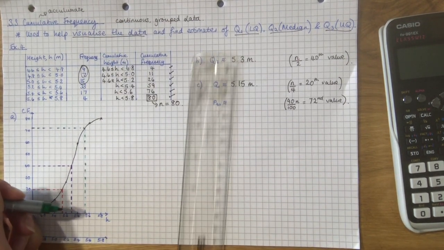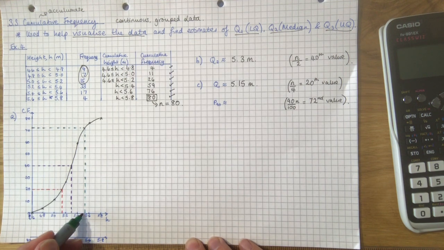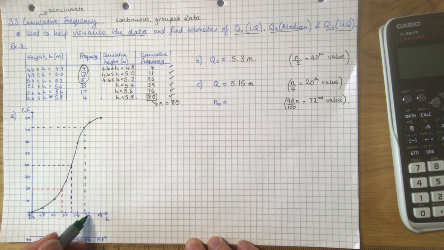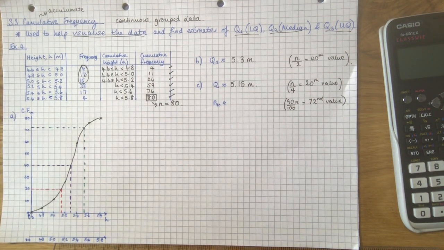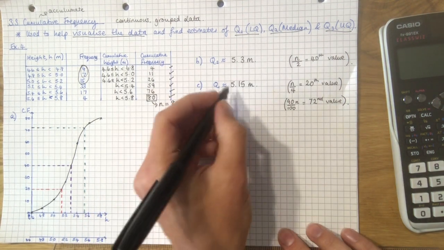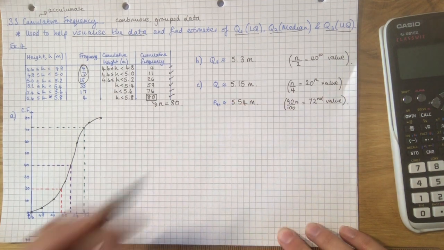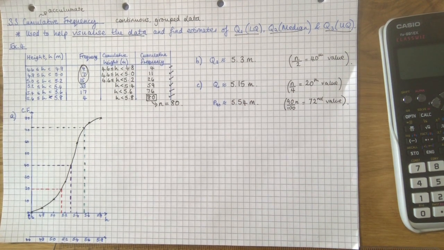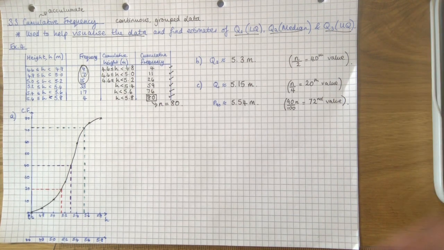I need to replace my green pen. So we have got around about 5.5, 5.54-ish, something like that. Obviously, if I did this on a bigger scale, it would be more accurate. The book goes for 5.52. Theirs is done on graph paper rather than a grid, so square grid, so it's a bit more accurate than mine.